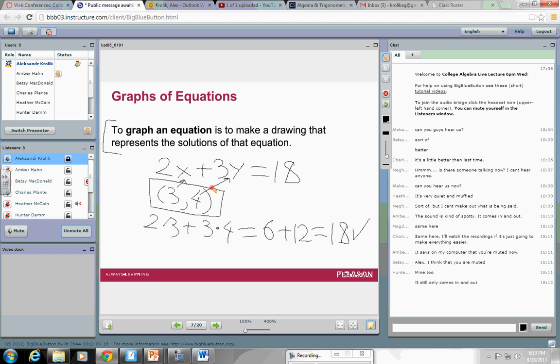I'll write it over here. 6 and 2. If I plug in 6 for x and 2 for y, what do I get? I'll get 2 times 6 plus 3 times 2, so that's 12 plus 6 equals 18. That checks.